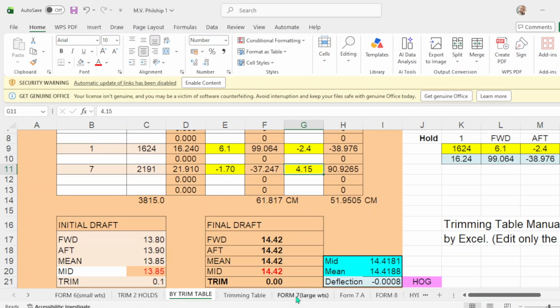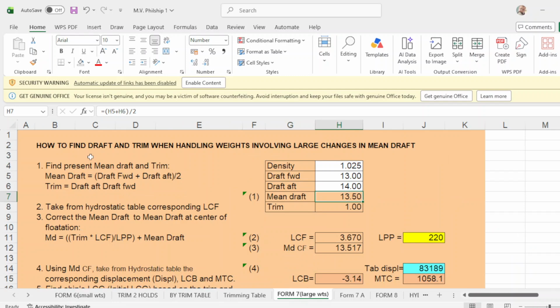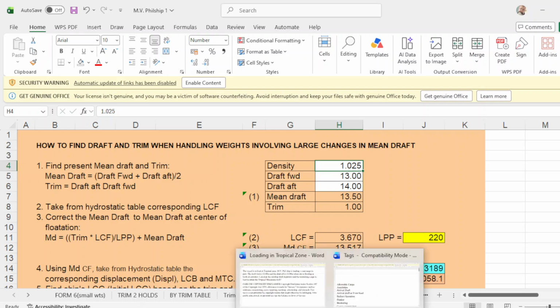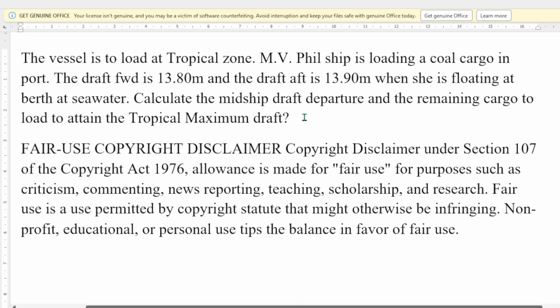And the fourth program is form number 7, which is how to find draft and trim when handling weights involving large changes in mean draft. Take note that the density at berth is 1.025, which is salt water. The draft forward is 13.8, draft up is 13.90 when she is floating at berth in seawater.